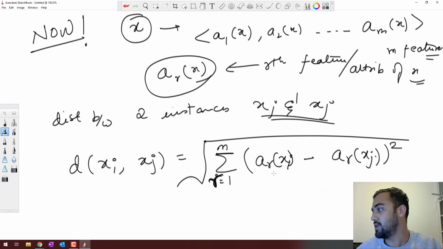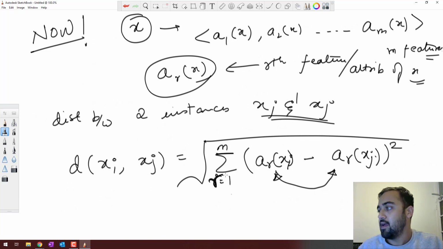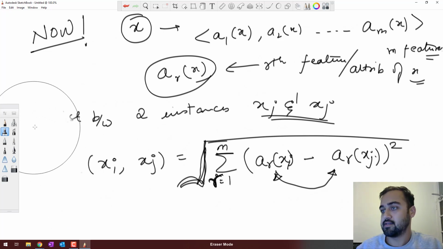So you take the difference between each feature for each instance, sum these up, and take the square root of it to get your distance.